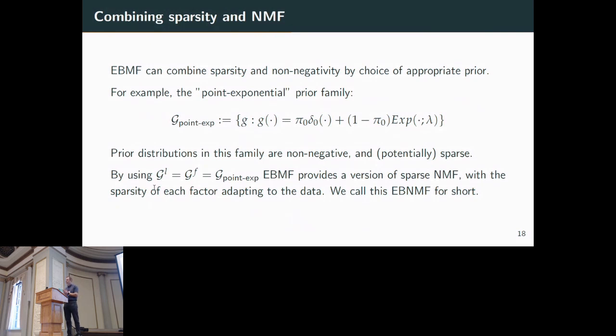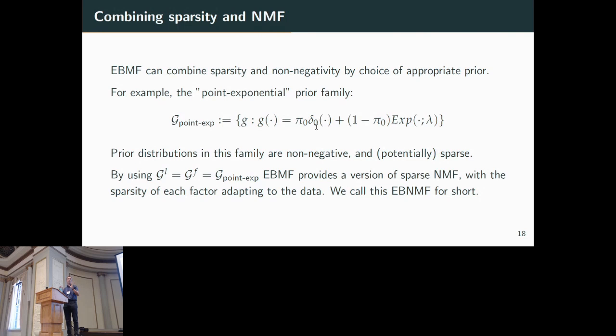And now using these empirical Bayes matrix factorization methods, it's easy to do that. We just use a prior family that's both non-negative and sparse. The simplest one that we use is a mixture of a point mass at zero and an exponential. The exponential's non-negative and the point mass at zero induces potential sparsity.